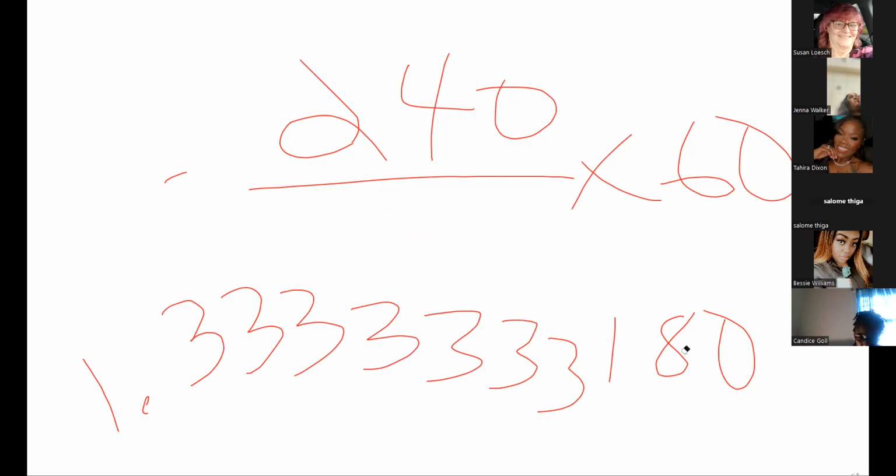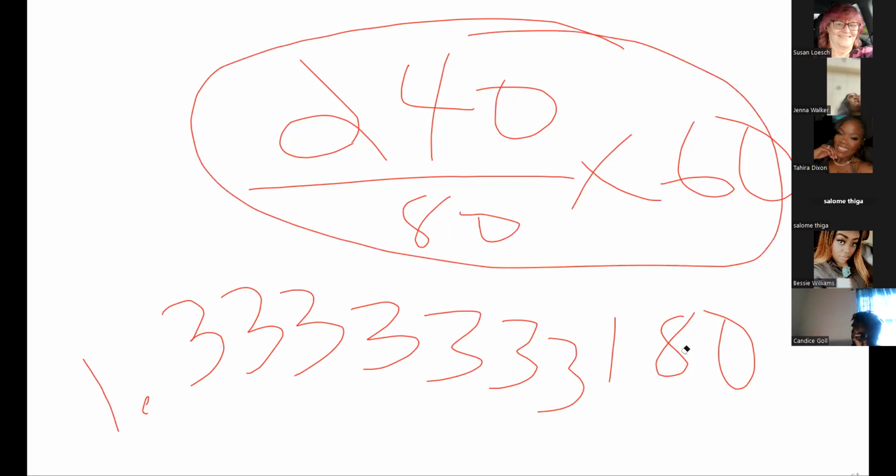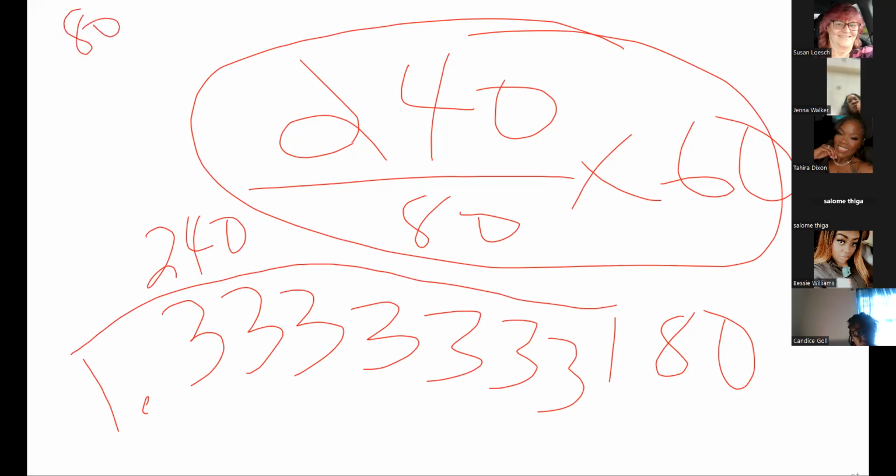That's where you're using it in an actual hourly format. I just think it's easier to do it this way. Or you can take 240 and divide it by this, because this is your fraction of an hour. How did I get that? I took 80 and divided it by 60. You'll get the same answer.